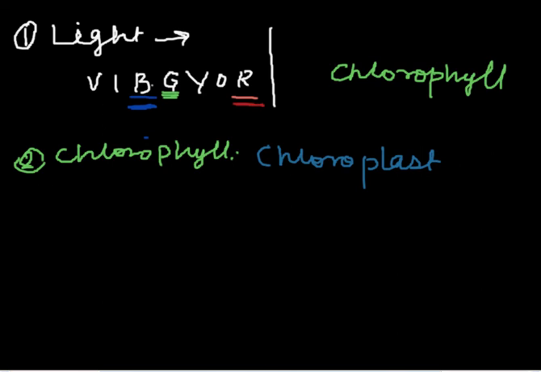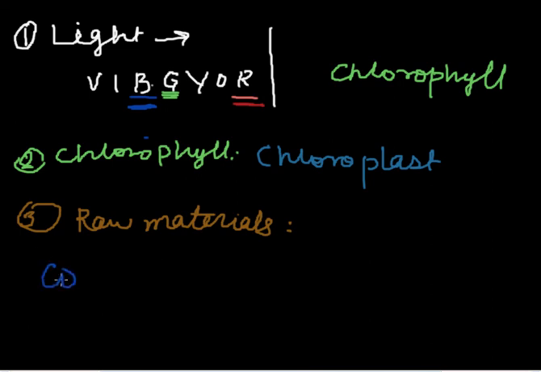Okay, and now next is raw materials. As you saw, the raw materials used in photosynthesis are CO2 and H2O.